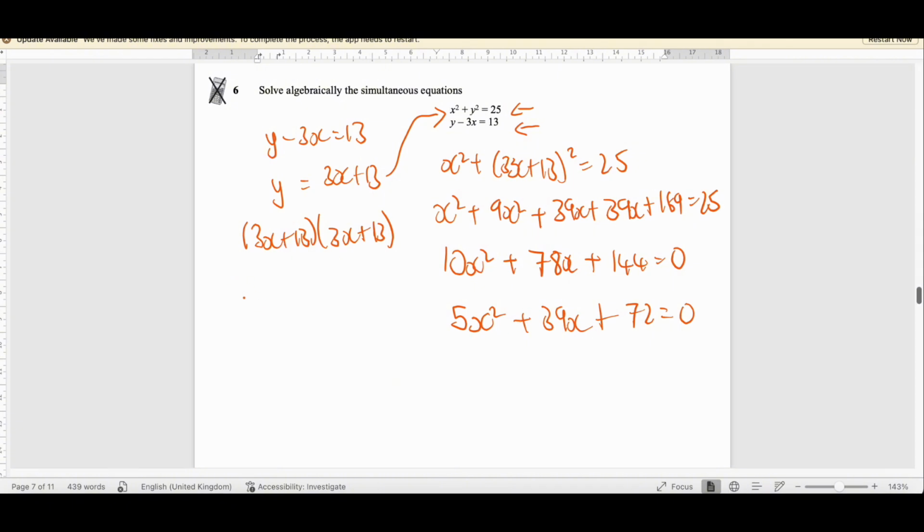So I take the first coefficient, which is 5, times it by the constant at the end, and I get 360. So I need two numbers that multiply to give 360 and add up to give 39.